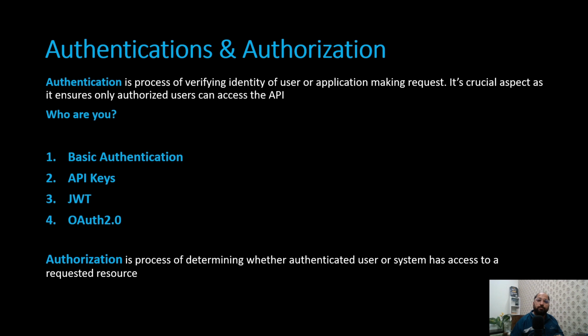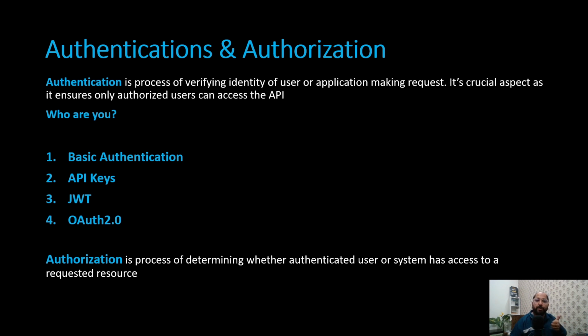Now there are different types of authentications and authorizations. So what is authentication? As we just discussed, this is a process of verifying identity of user or application making the request. Okay, and it's crucial as it ensures that only authorized users can access the API. Or we can say that when we are making a request, server checks with the API, who are you?